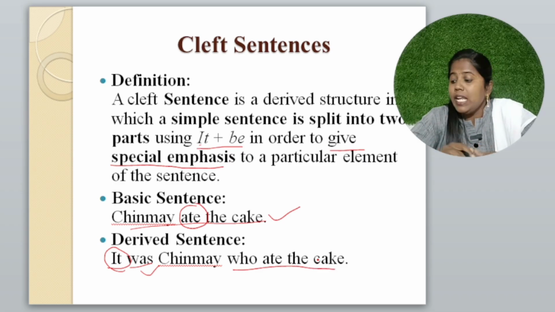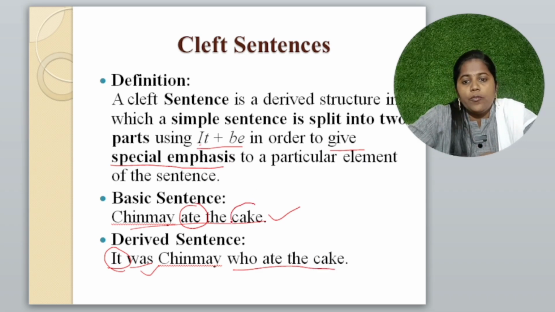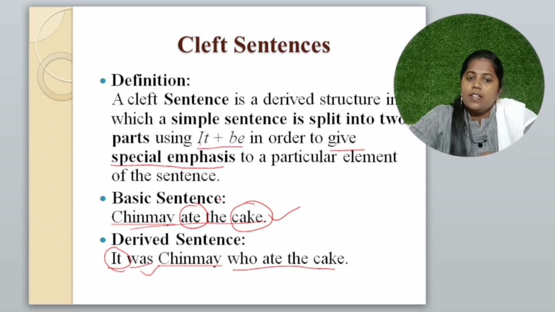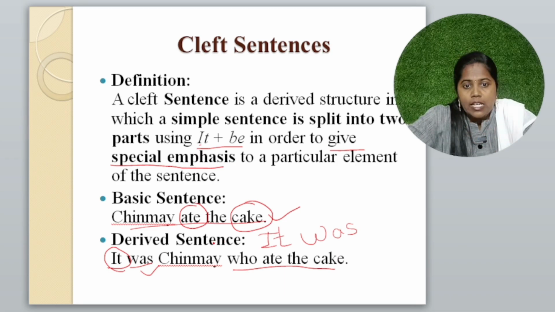Okay. But now see, if I want to focus on cake, then how can I do it? If you can, please write your answer in the comment box. I will tell you here, but before that you just write your answer in the comment box. If I want to focus on cake, what will I do? I will write first it. Then as it is past, I will use was. It was. Now, while I was focusing on Chinmay, I used Chinmay first.